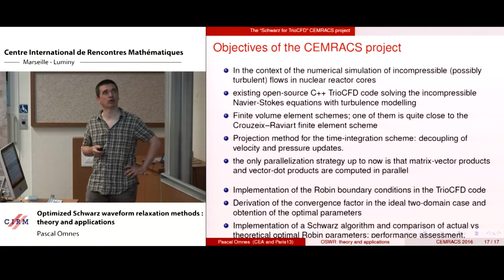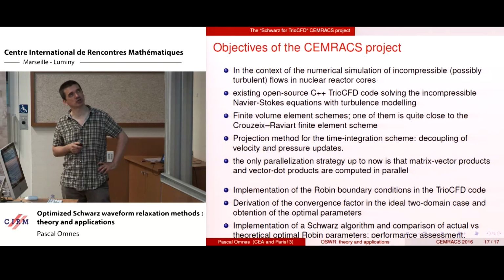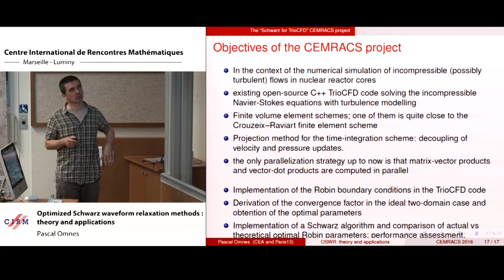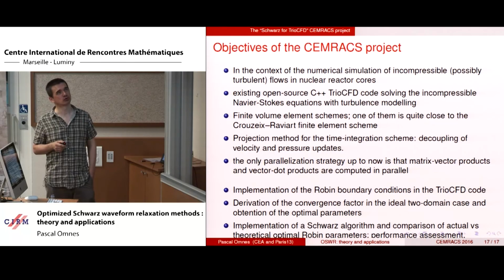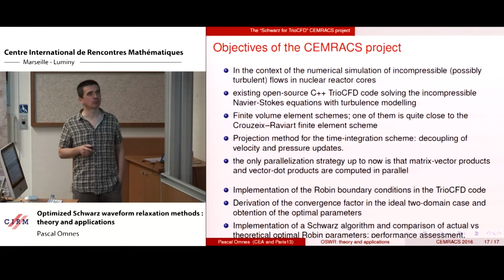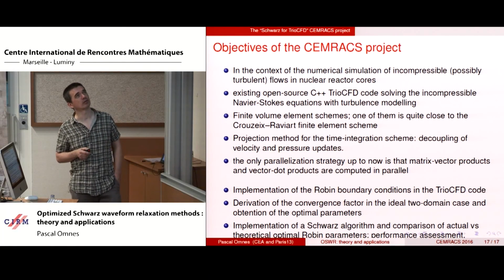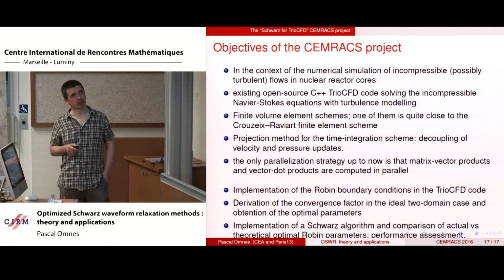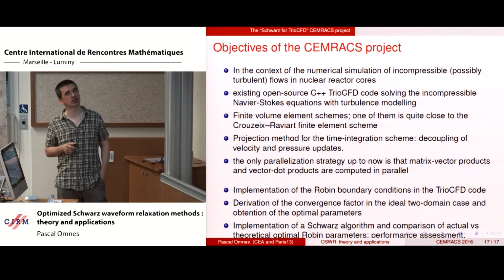So our aim in this project is to study this finite element scheme and to try to have an implementation of the OSWR process for this method within the code. Up to now, the time integration scheme is what we call a projection method.